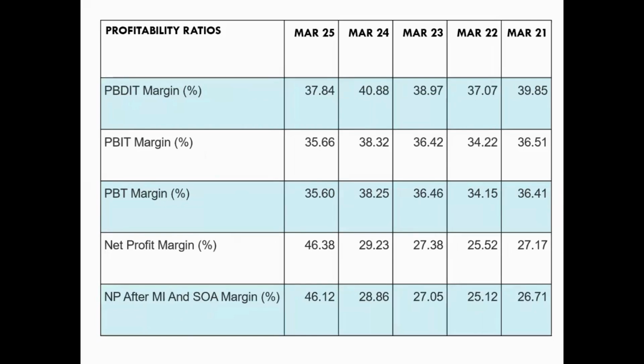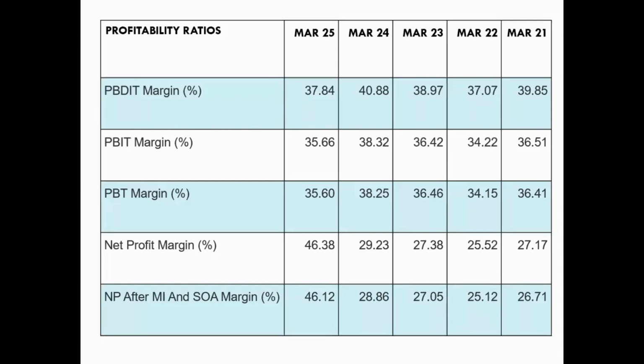Profitability ratios. PBDIT margins are 37.87, 40.88, 38.97, 37.07, 39.85. PBIT margin is 35.66, 38.32, 36.42, 34.52, and 36.51. PBT margin is 35.60, 38.25, 36.46, 34.15, and 36.41.